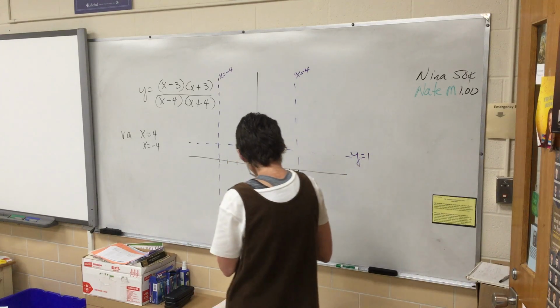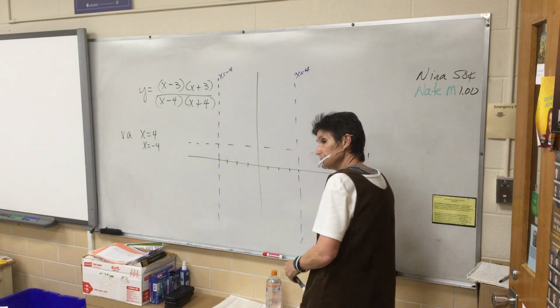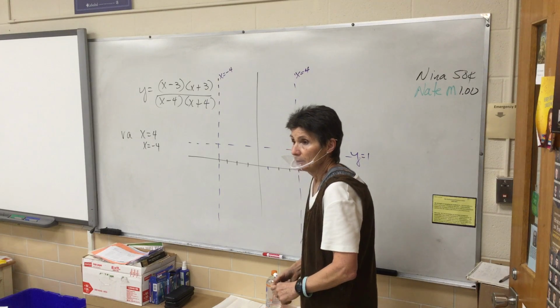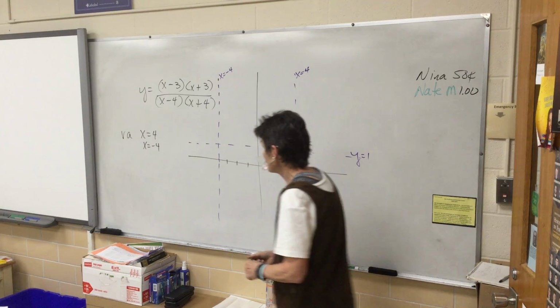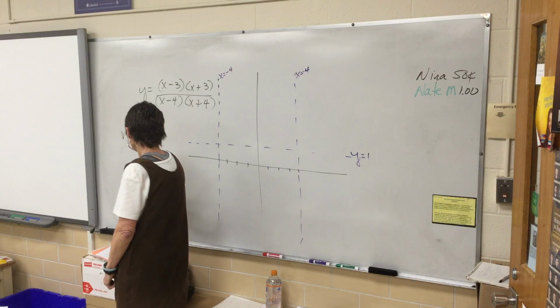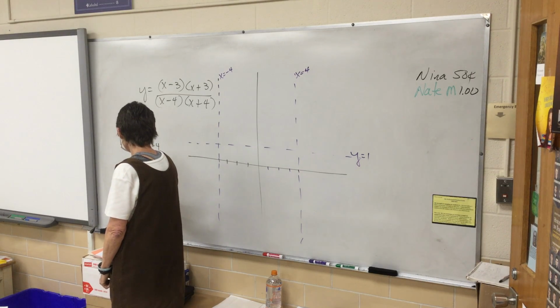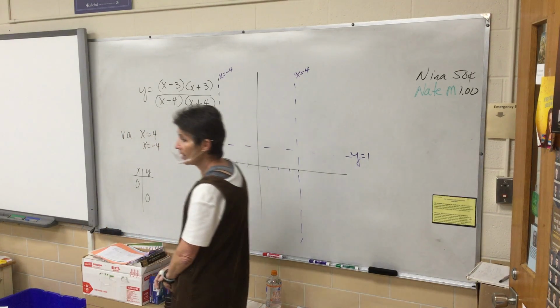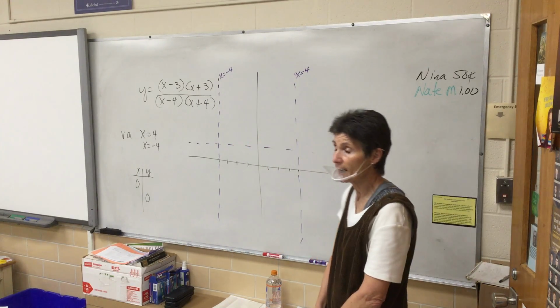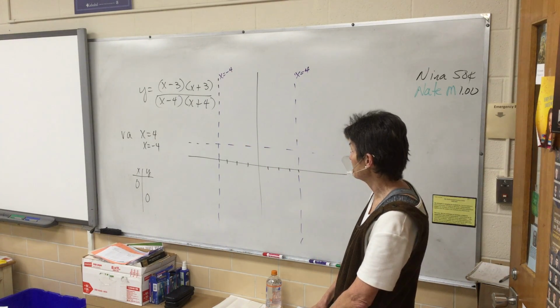All right, do we have any intercepts? How do we find intercepts? Think of a T-chart. You're going to plug 0 in for x and you're going to plug 0 in for y, not at the same time, one at a time.